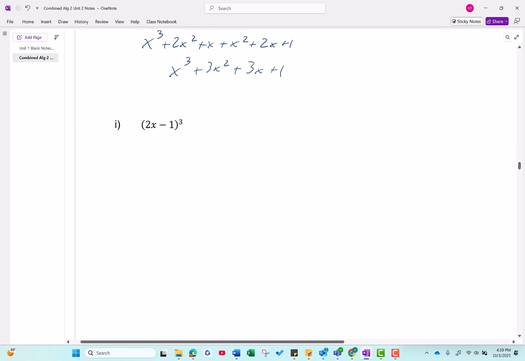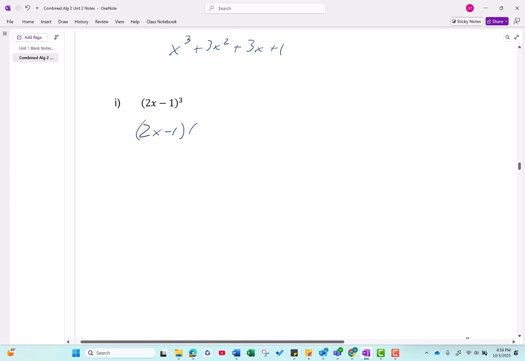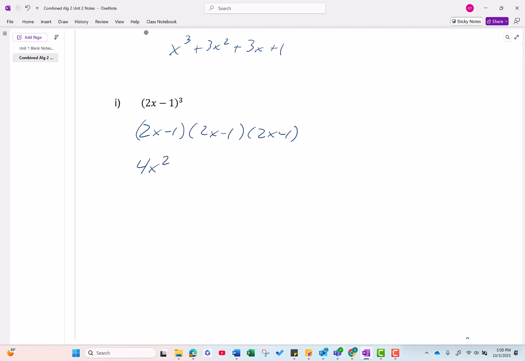All right, so this last one: 2x minus 1 times 2x minus 1 times 2x minus 1. I'm going to do the first 2 binomials together. So I get 4x squared minus 4x plus 1. Again, I'm doing that in my head. I could expand it out, and you would end up with minus 2x plus minus 2x plus 1, and they get combined to minus 4x.